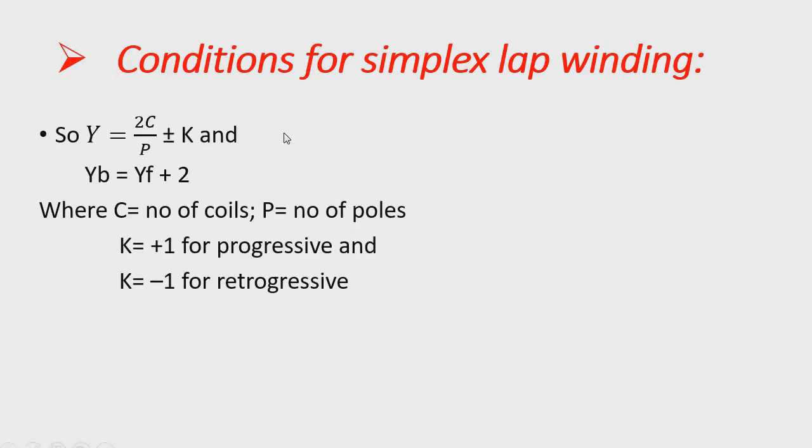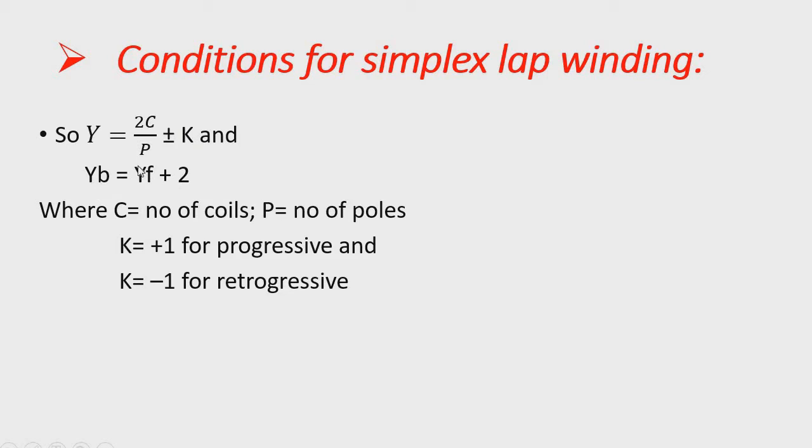Now one equation is required for finding the back pitch and the front pitch. So the equation is given by YB is equal to 2C by P plus or minus K. And YB is given by YF plus 2.